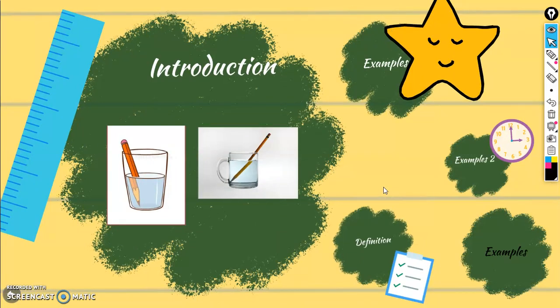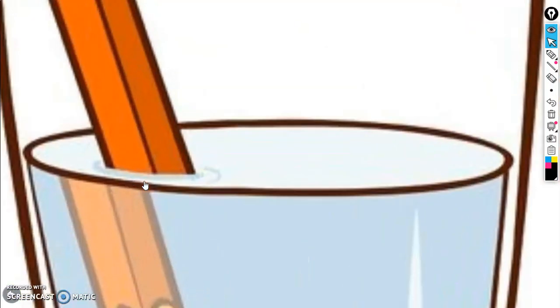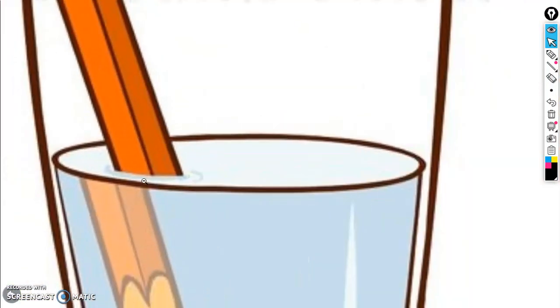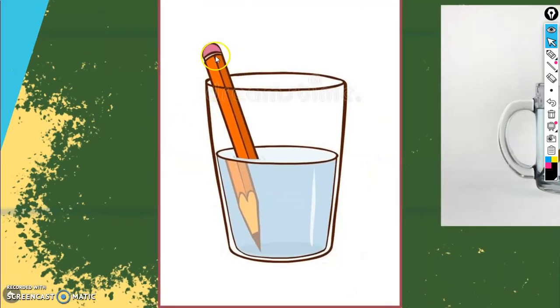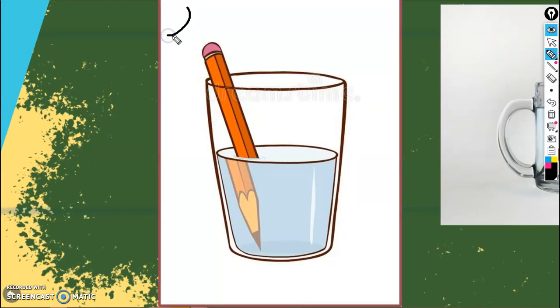To know what is the meaning of refraction, as we used to do, let us observe the picture. Okay, let us see this picture to know what is the meaning of the refraction of light. First of all, let us imagine that we have a light source. Maybe it is the sun or the lamp.